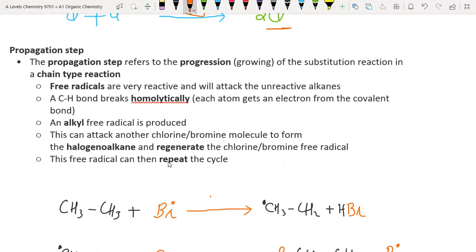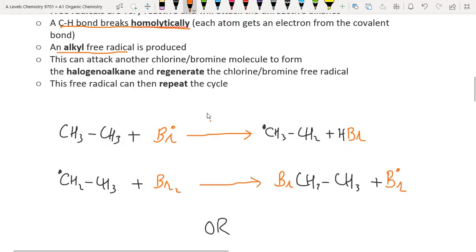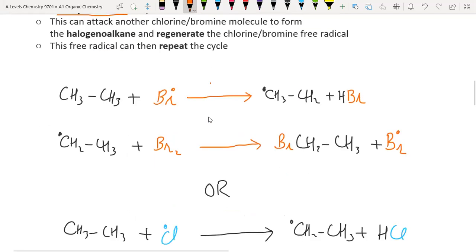Free radicals are very reactive and will attack the unreactive alkane, as a result of which the carbon-hydrogen bond breaks homolytically and an alkyl free radical is produced, along with the chlorine or bromine radical.